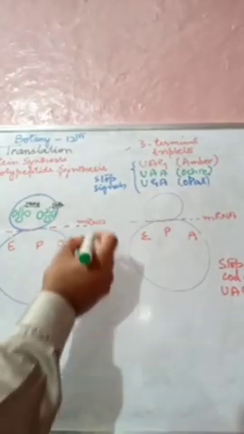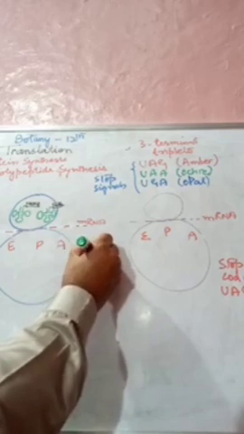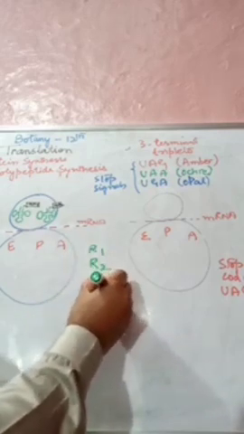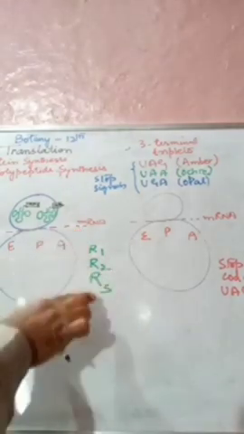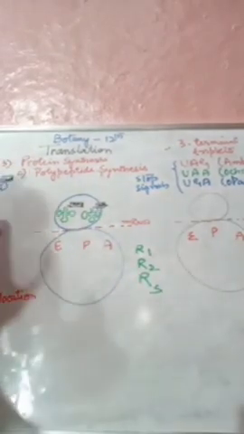These three releasing factors, or termination factors, are called R1, R2, and RS. So we have discussed all of peptide synthesis.